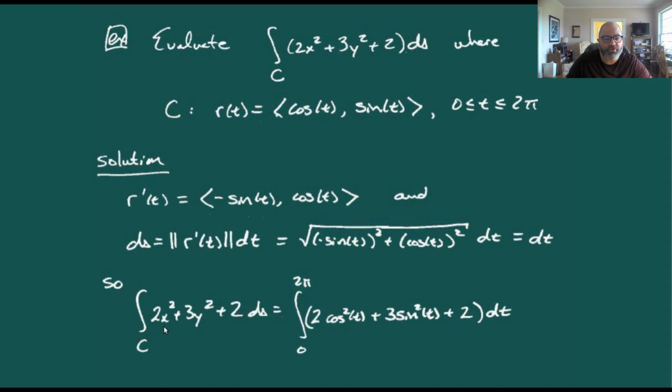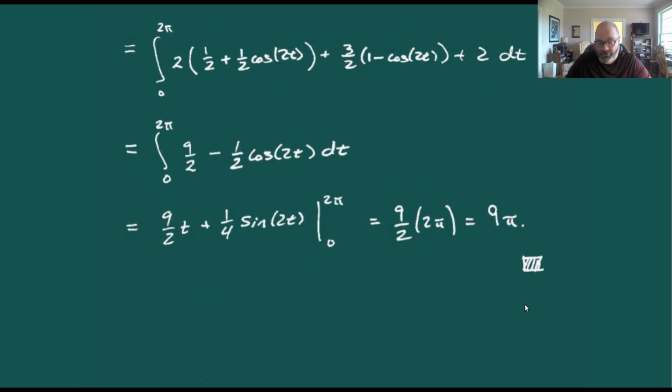Now when we compute the line integral, everywhere that we've got an x, we replace it with the x value as a function of t from our curve. So x is cosine t, giving us 2 cosine squared t, plus 3y squared, where y is replaced with sine t, so 3 sine squared t, plus 2, and then our ds, which was just dt.